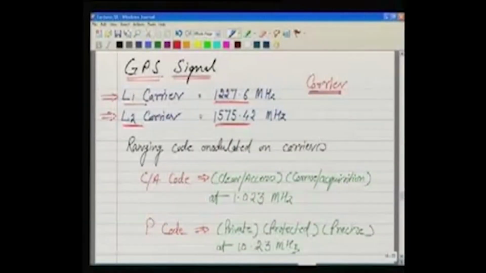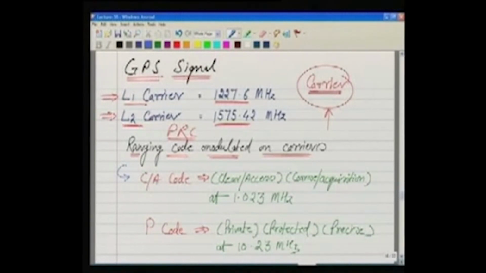Then this carrier is modulated, we also discussed that. Ranging code means, as we talked about, a pseudo random code is modulated on carriers, and the code is of two types.